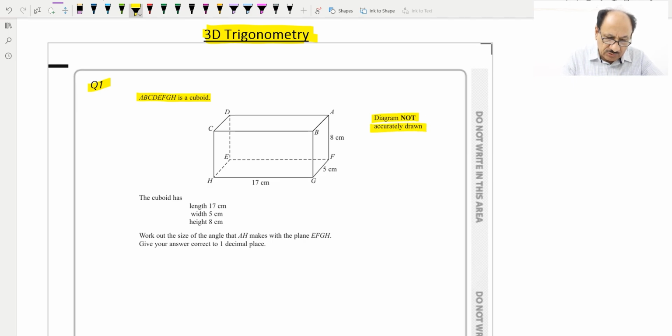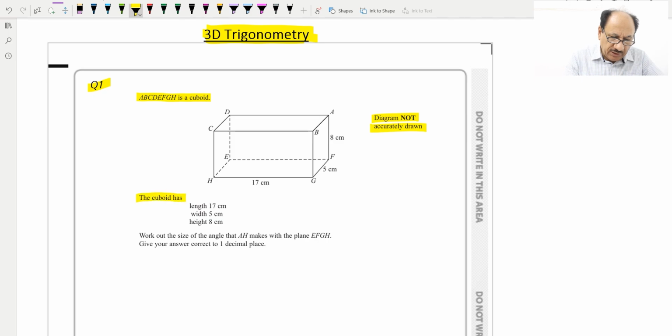By the way, this question is a 4 marks question. Similarly, these 3D trigonometric questions are 4, 5 or sometimes 6 marks questions. These are very important in IGCSE exams and can switch the grades also.